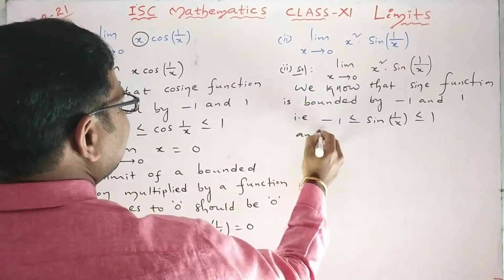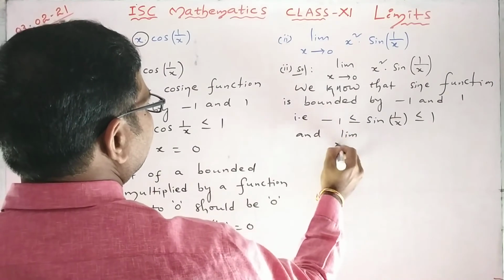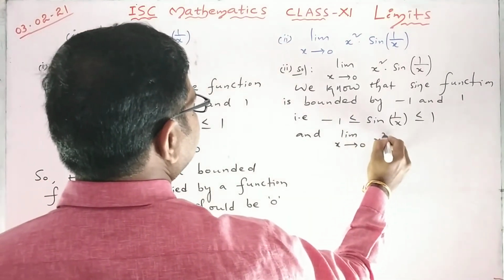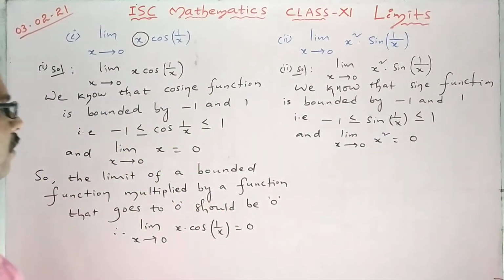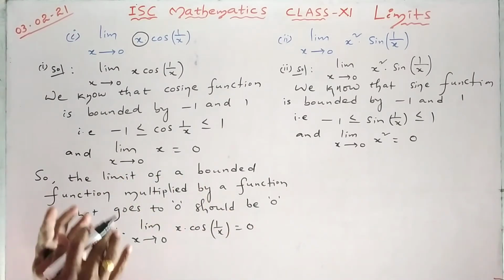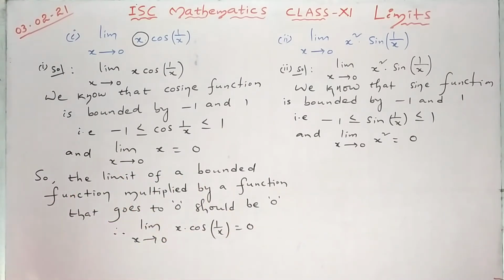And what is the limit of x square as x tends to 0? 0 square means 0 only, no? So 0 into bounded function which oscillates between -1 and 1 always should be 0.